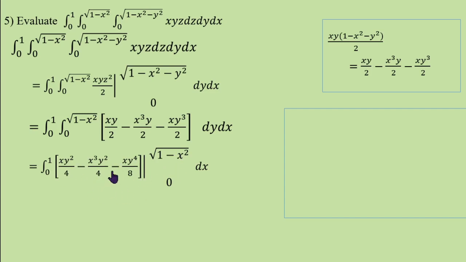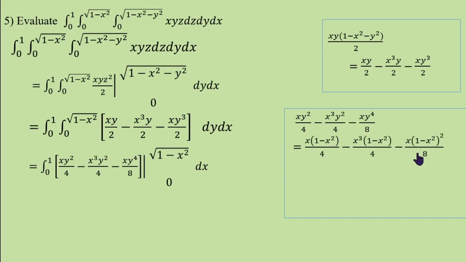Now don't simplify this here, simplify it separately. Xy square by 4 minus x cube y square by 4 minus xy power 4 by 8. Here y upper limit is root 1 minus x square, and hence y square is 1 minus x square, y power 4 is 1 minus x square whole square.